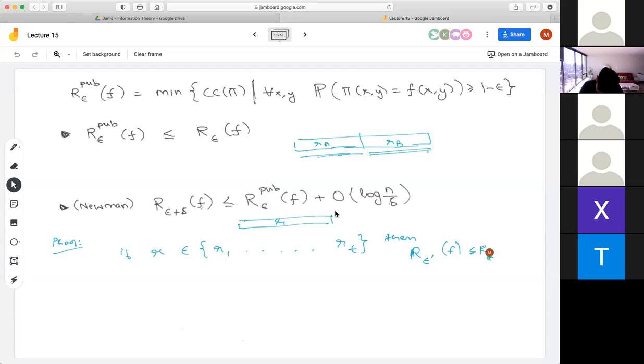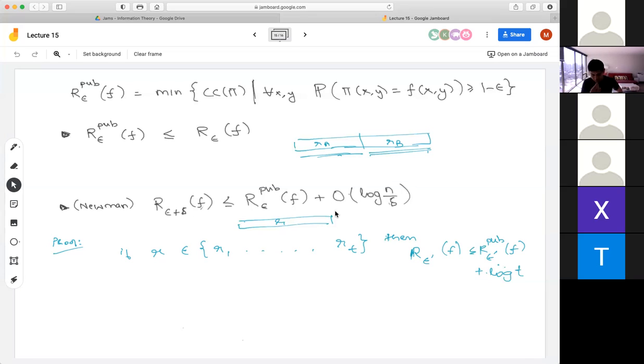So if some protocol with epsilon prime error was only using one of T random strings, then I just need an additional log T factor in the communication complexity.